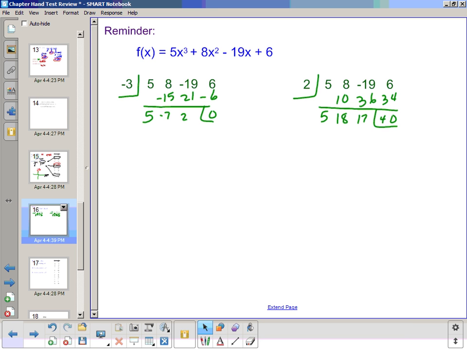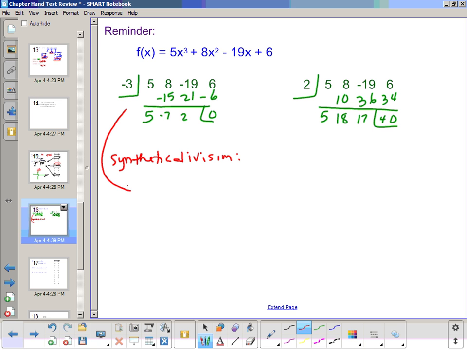And what I'd like to point out here is that we oftentimes call this synthetic division. And if we do refer to both of these processes here as synthetic division, what we've shown on the left here is that when f of x is divided by x plus 3, we get 5x squared minus 7x plus 2 with a remainder of 0.